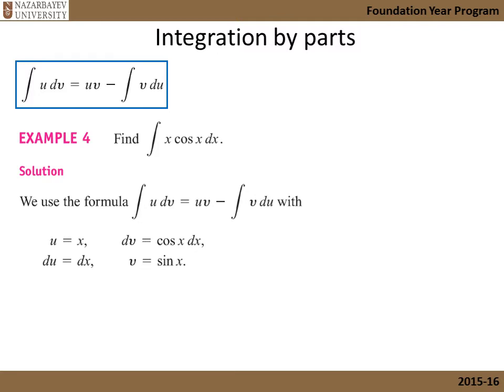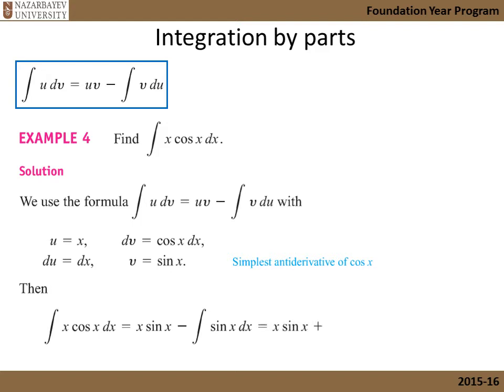Our v equals sine x. And this was chosen because we have the simplest antiderivative of cosine x. And then our integral will be equal to the following: x times sine x according to our formula, minus the integral of v du, which is sine x times dx, and this will be equal to x sine x plus cos x. And don't forget about plus c.